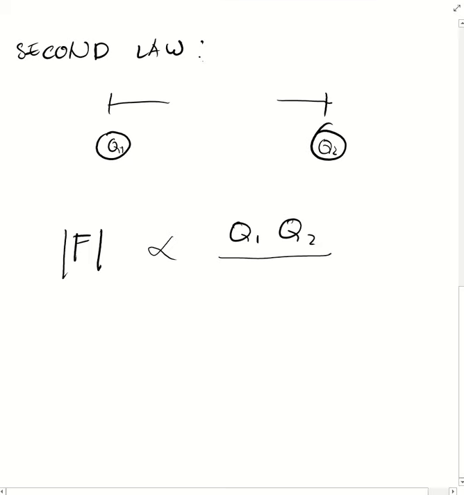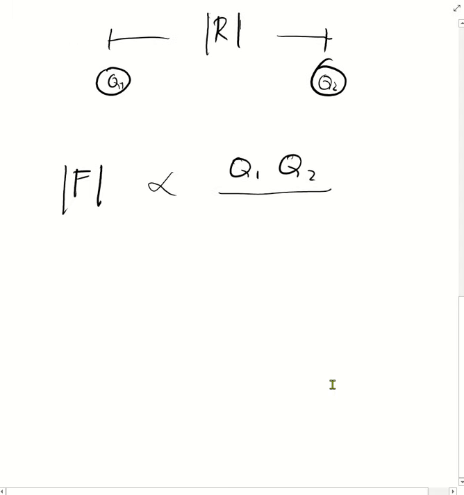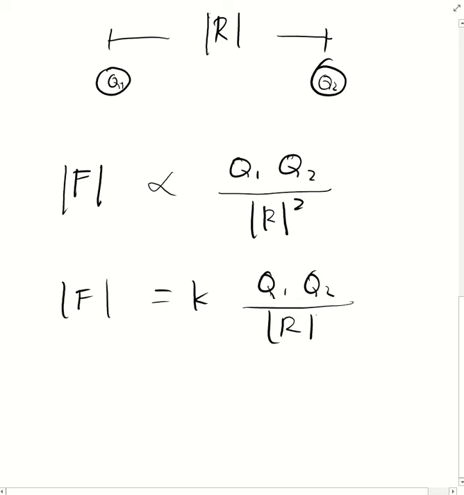We used r in chapter 1, so we just use r for the distance, or the vector. Let's put absolute value here to indicate that this is a scalar quantity. It should be inversely proportional to the square of the distance between them. To remove the proportionality symbol, there's a proportionality constant K, and this will be Q1 times Q2 all over the distance squared.